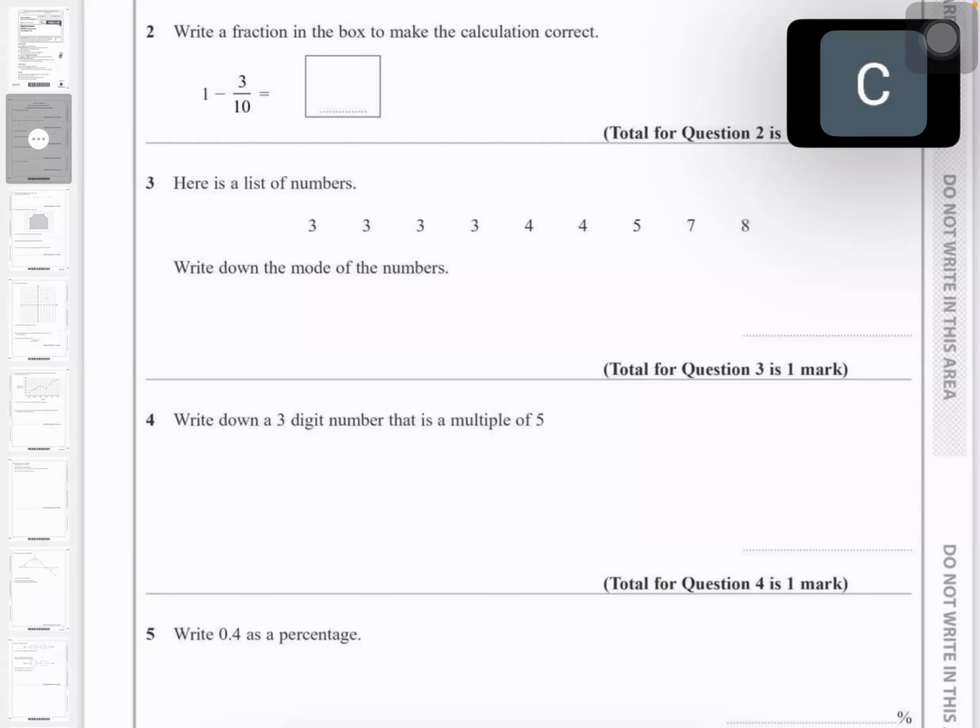Still 1. So you can write this as 10 divided by 10 minus 3 divided by 10. The 10 in the denominator is simply going to be the same, and you have 10 minus 3, which will give you 7. So that's going to give you 7 over 10. So you turned the 1 into 10 over 10? Yes, I turned the 1 into 10 divided by 10, just so that it would have the same denominator as the 3 over 10.